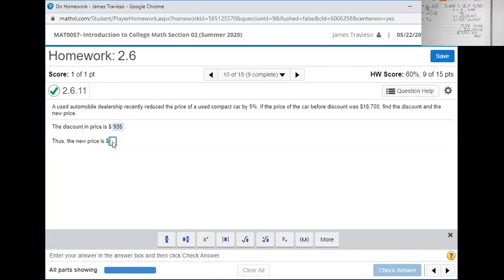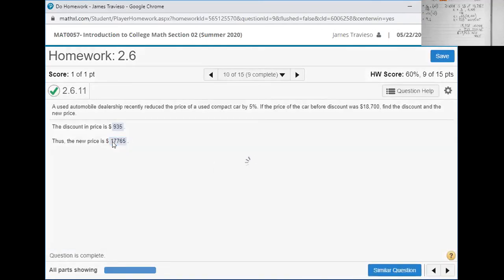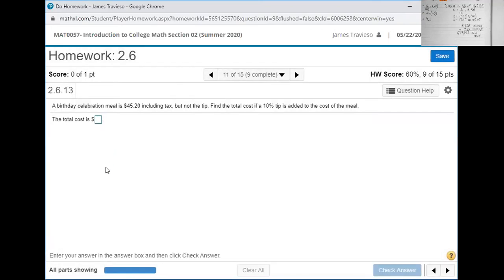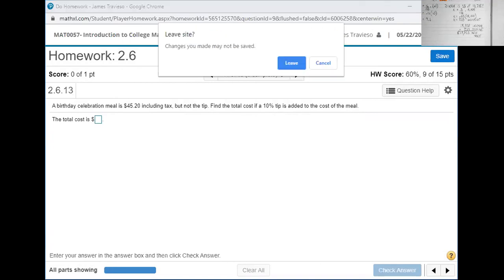We could enter that in, 17,765. Check it. And you're good. So that's kind of what you're doing with 2.6.